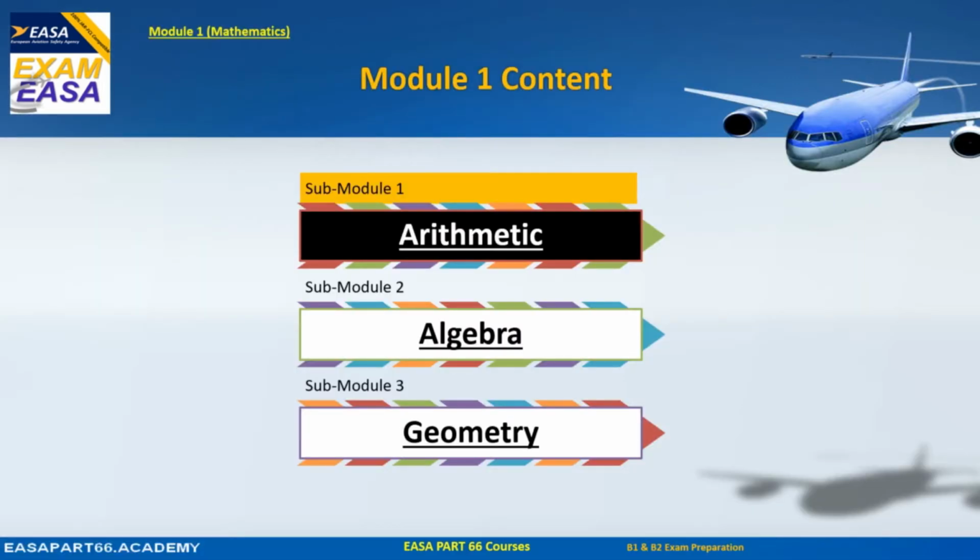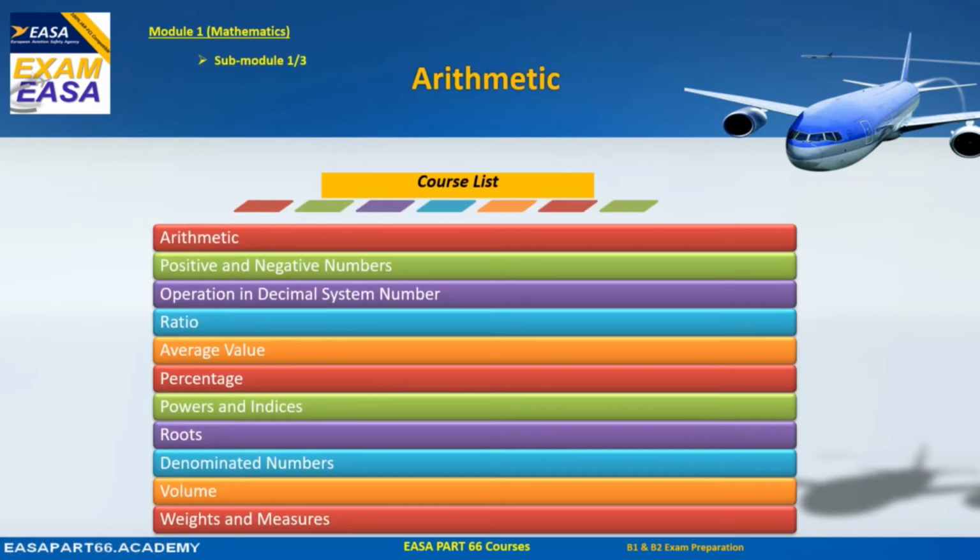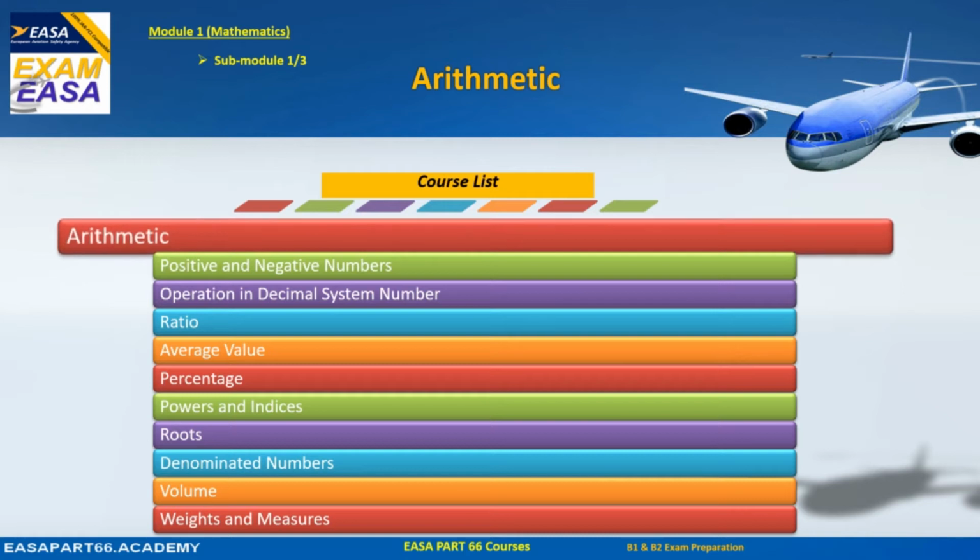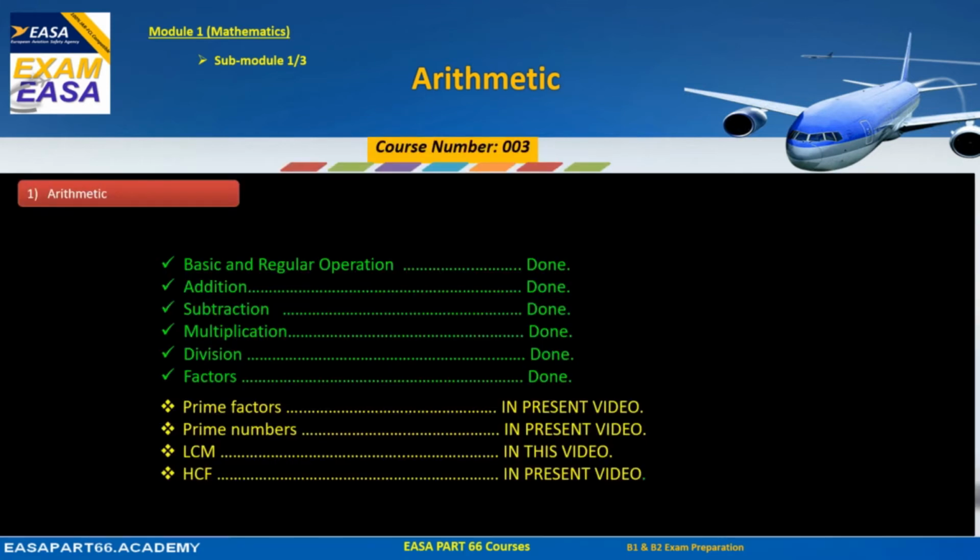Mathematics module contains 3 chapters: Arithmetic, Algebra, and Geometry. We still continue on the first Arithmetic chapter. Arithmetic topic contains many courses.